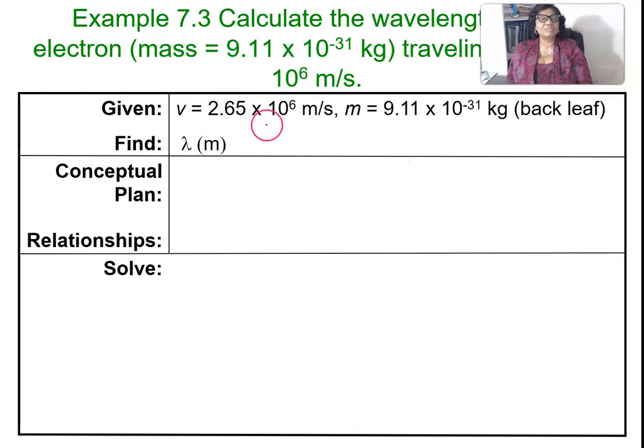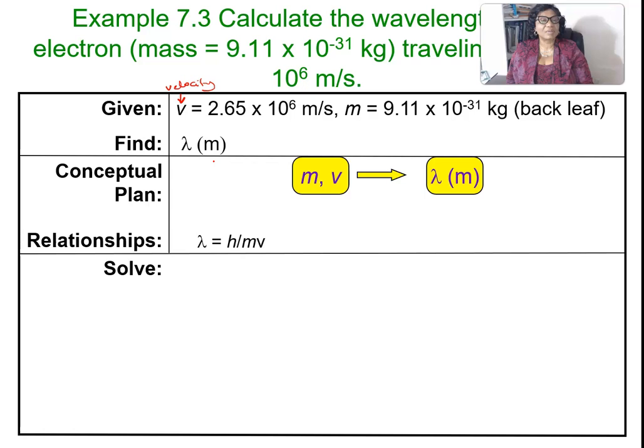So this is the velocity. Take note, this is velocity, not frequency. This is the mass. And we want the wavelength in meters. So we are moving from the mass and the velocity to give us the wavelength in meters.